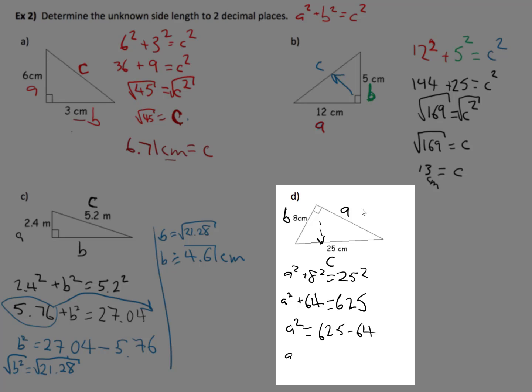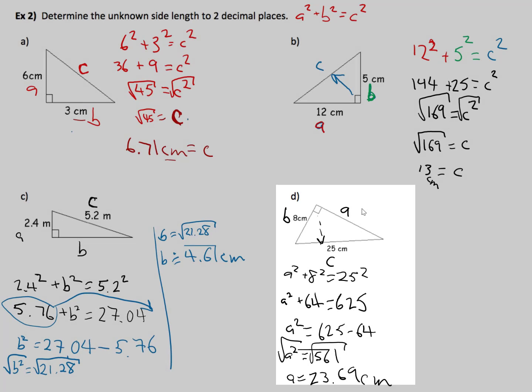Then we get A squared is equal to 561. Take the square root of both sides, and A is equal to 23.69 centimeters. There we go.